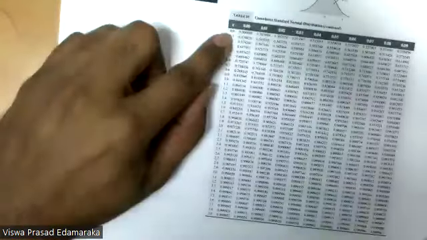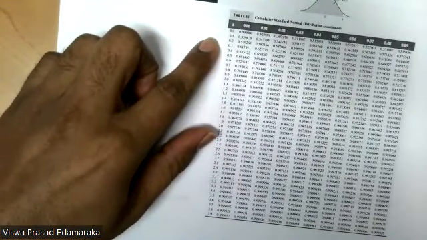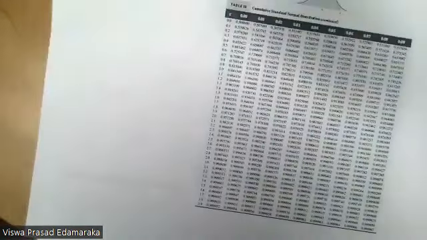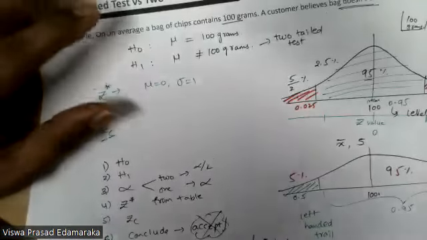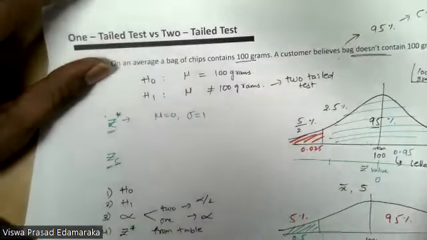You can see the values like z 0.0, 0.1, 0.2. This is the value of 0.1, for example 0.5, and this is 0.52. And how to read this one? For example, a 95% confidence interval, two tail test.